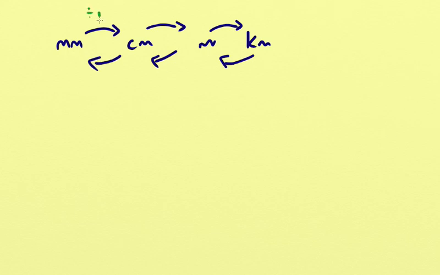To get this way we divide by 10, divide by 100, divide by 1000. And to get the other way we times by 1000, times 100, and times 10. There we go, that's our diagram. That's going to be our instruction.